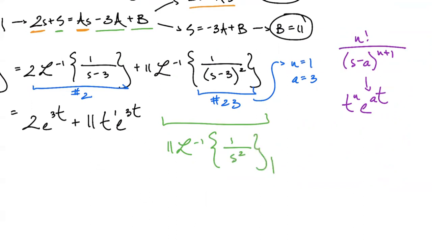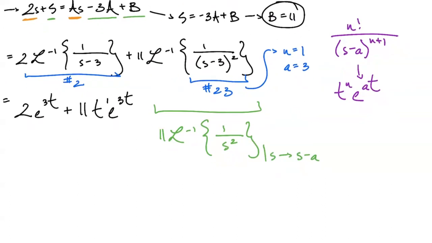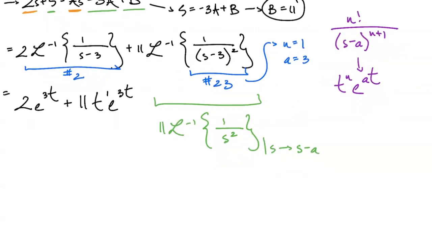And then we'll replace that s with s minus a, right? And 1 over s squared, well, that corresponds to line number 3 in our table.